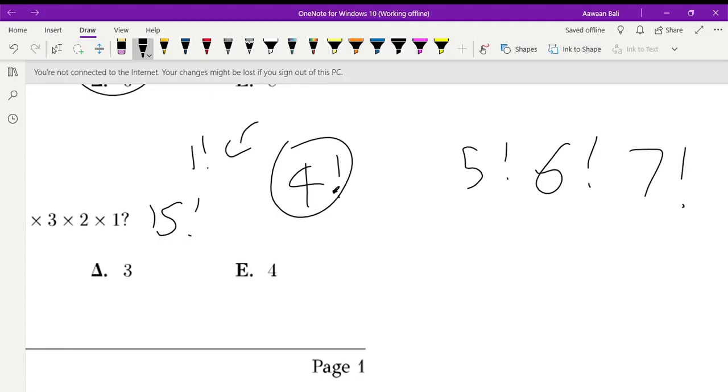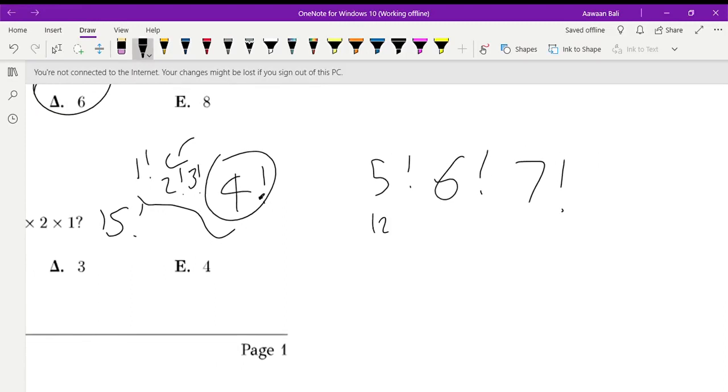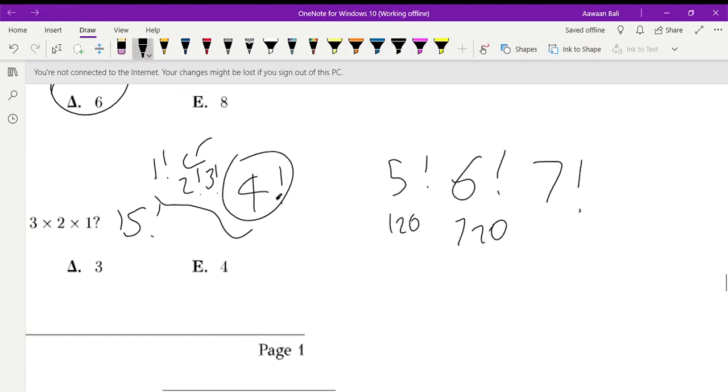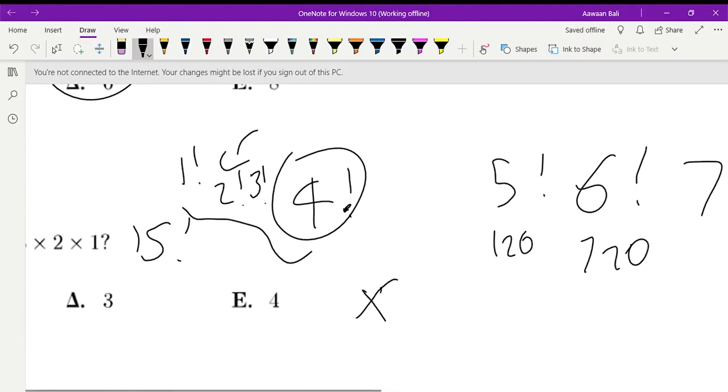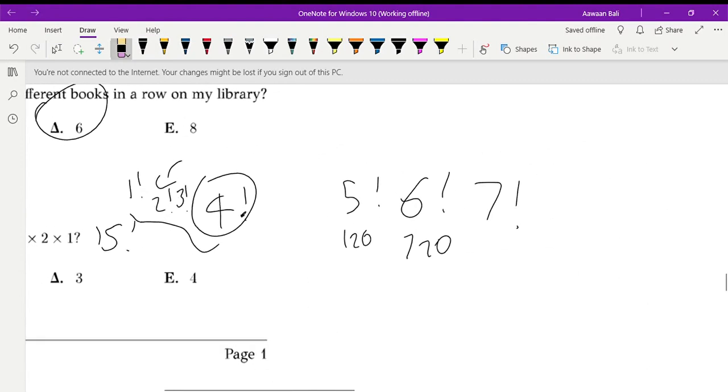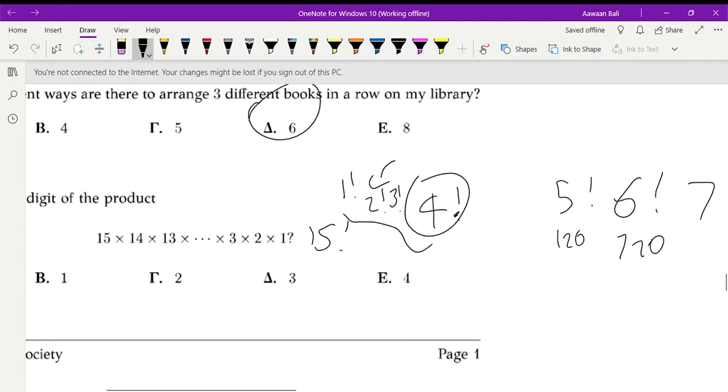Now the thing is, 1 factorial, 2 factorial, and 3 factorial, and including 4 factorial, these are the only factorials which don't have a 0 at the end of them. Because once we have 4 factorial, since 5 factorial is 120, 720, you see, since we're multiplying by 5 and we got an even number so far, we get 0, and since anything multiplied by 0 is 0, that means that it will always end in 0 in the end.